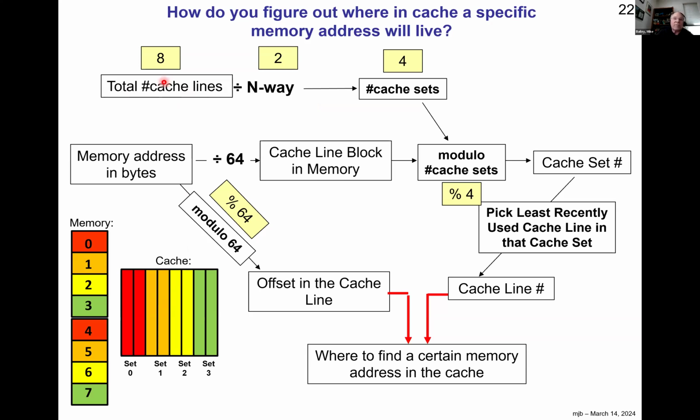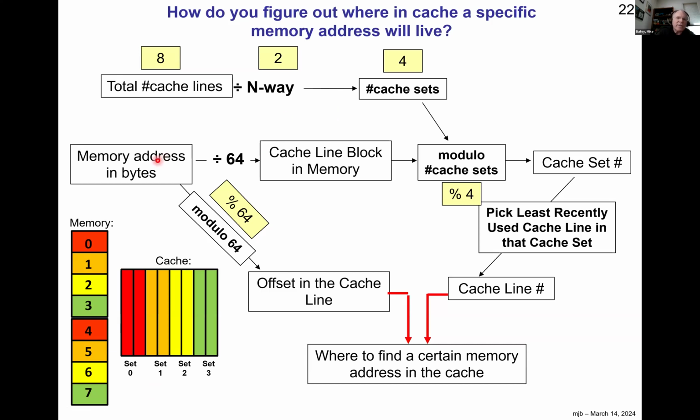That's a ridiculously small number, of course, because 8 times 64 bytes gives you 512 bytes, which is a really small size for a cache, but fits on the slide. It's two-way, meaning each color gets 2, which means there are 4 cache sets, which means we're going to divide memory up into a group of 4, then the same group of 4, and so on.